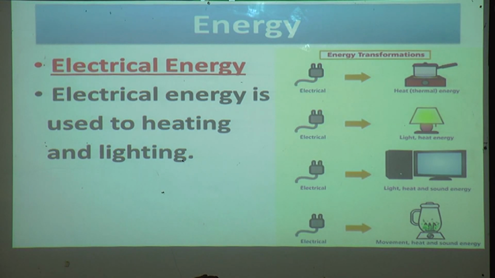Electrical energy can be used for light or lighting. Electrical energy is used to turn on computers or run gadgets, and electrical energy is used for movement, heat and sound energy. See the pictures carefully.